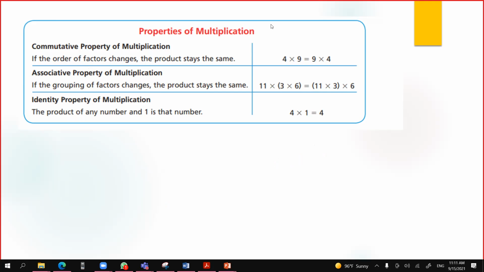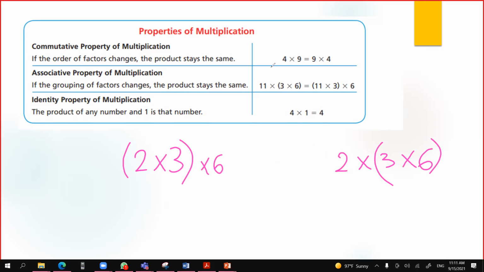Associative means what I did in addition, I will do in the multiplication. Like, if we have 2 times 3 times 6, or if we have the same numbers, but I change the place of the brackets. Will I have the same answer? Let's see. Here we have 2 and 3 and 6, and I want to multiply them.